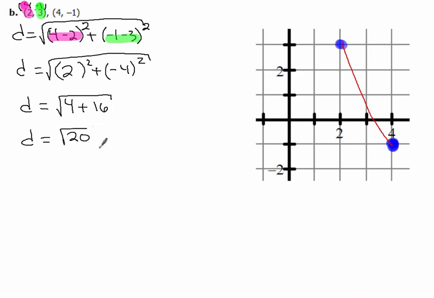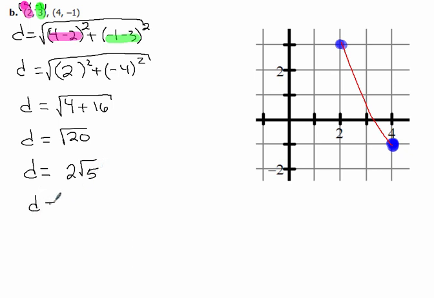Now, there are some different components that you'll be looking at here. When you get to the square root of 20, you can simplify that several different ways, and it's going to depend on the situation. One way you could represent your answer would be by simplifying the radical. When you simplify the radical, the square root of 20 would simplify down to 2 square roots of 5.